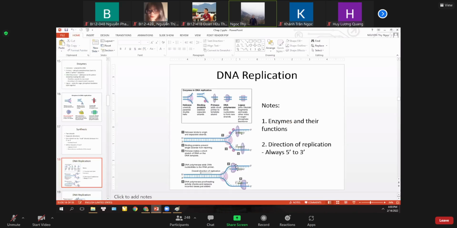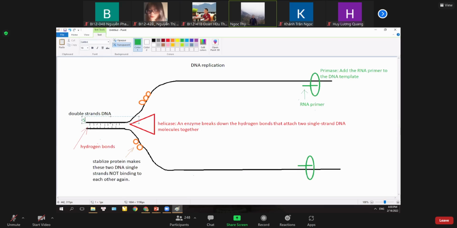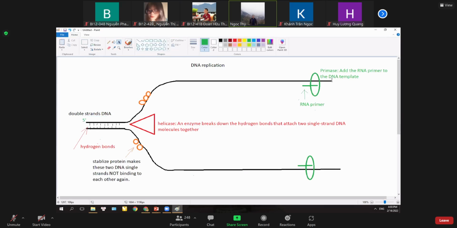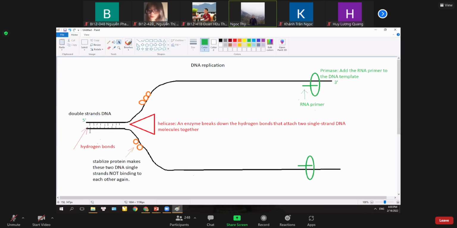the DNA polymerase will come and bind to the primer and start to synthesize the DNA strand from the direction 5' to 3'. So what is the 5' to 3'? You have to come back to the chapter from last week to remember. So I have 5' here and 3'.